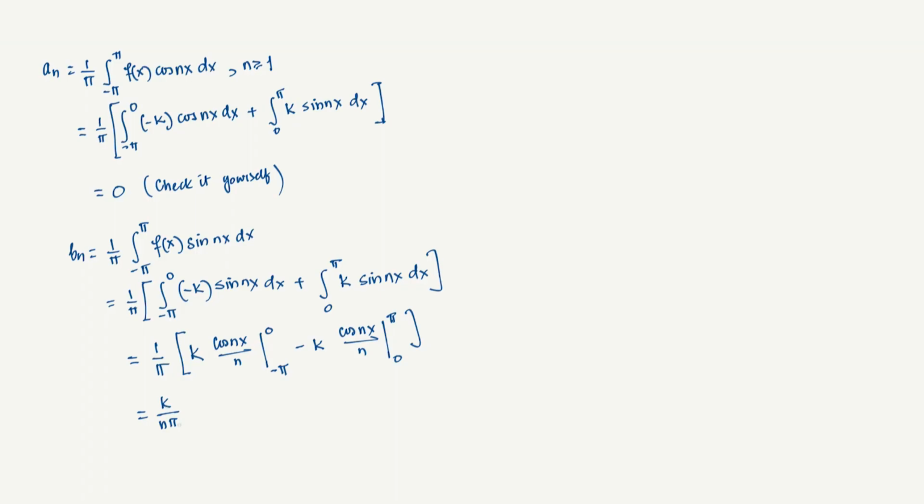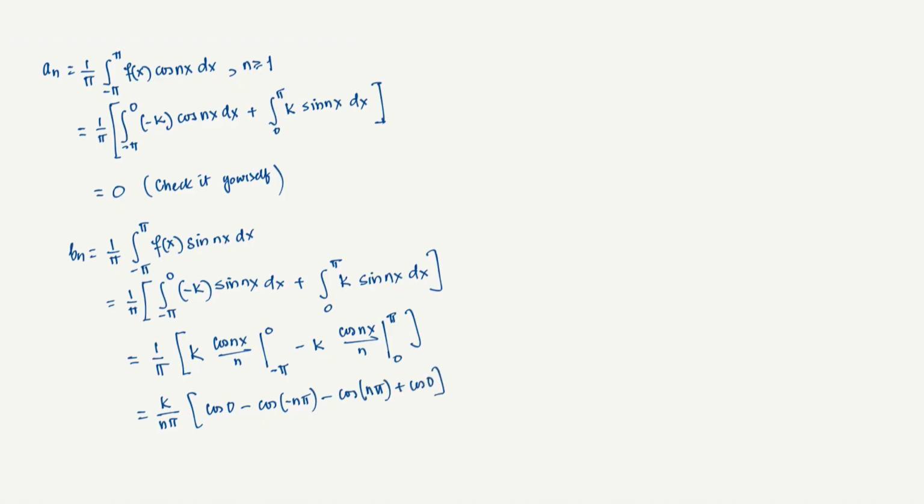So it becomes k by n pi, and then I have cosine 0 minus cosine minus n pi minus cosine n pi plus cosine 0.